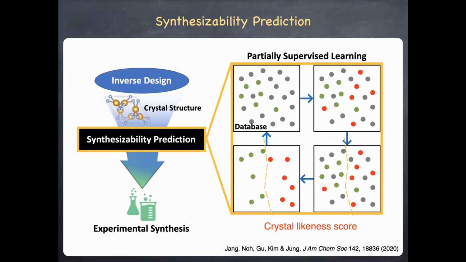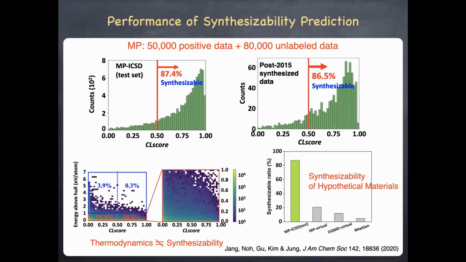So I'm not going to talk to you about the details of the algorithm, but through the iterative processes, you can learn the synthesizability using only the partial true answers. So here you have, from the Materials Project database, 50,000 positive data, meaning 50,000 already synthesized materials.